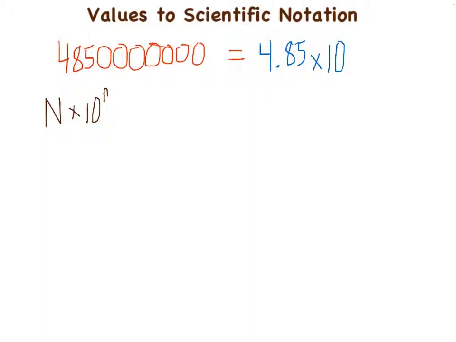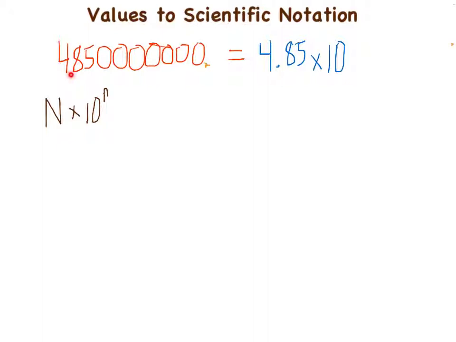Now the next part, the hardest part of this, is the times 10 to the what number. And this is all you have to do. So let me change colors again. We'll do orange. So here's the tricky part. Let's look at this big number right here again. Here's the decimal right here, or sorry, right here. I didn't draw it before, but that is where the decimal is. But now we have to move the decimal from here to right here between the 4 and the 8.